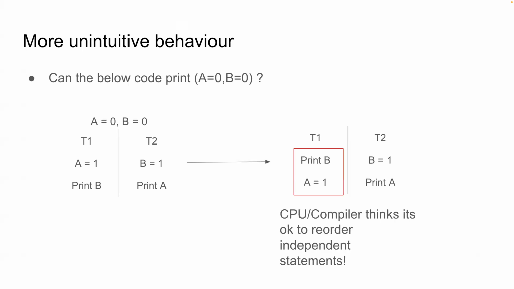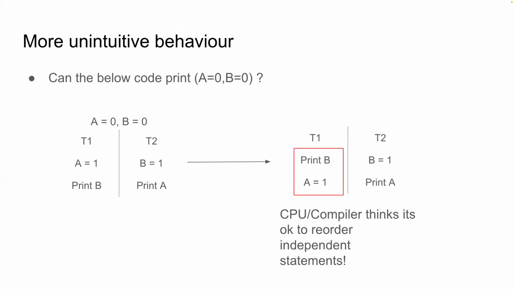So basically, like the optimization we just saw, where the compiler decided we don't need this comparison, so let's skip it, the CPU or the compiler might think that the print b statement does not really depend on a equal to 1. So it should be fine, if I'm the only thread executing, to do the print first.